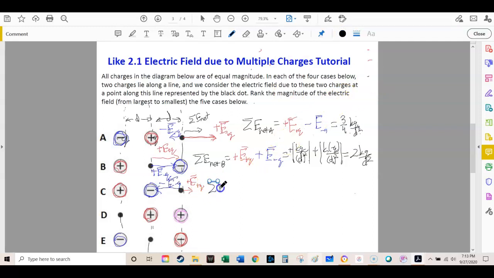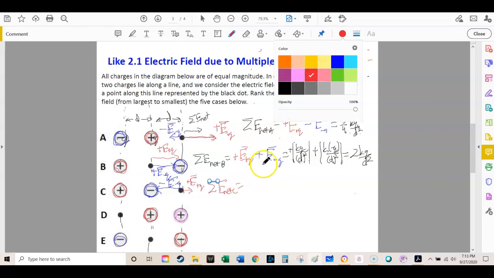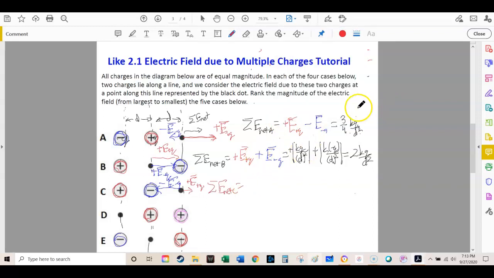And now we're going to sum our electric field at C. I'm trying to be consistent with the procedure.